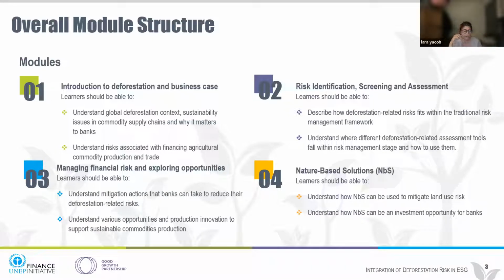Module 4 is a continuation of module 3 in that we elaborate on one of the management tactics, which is investing in nature-based solutions. There are many, but we've decided to focus our efforts on NBS.